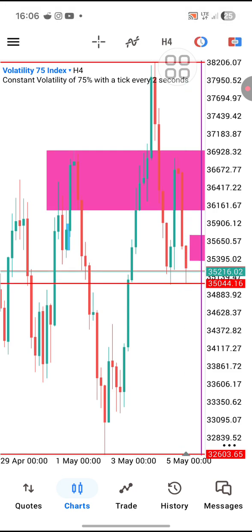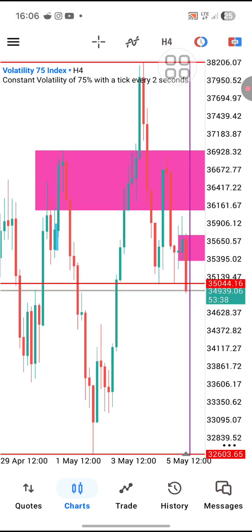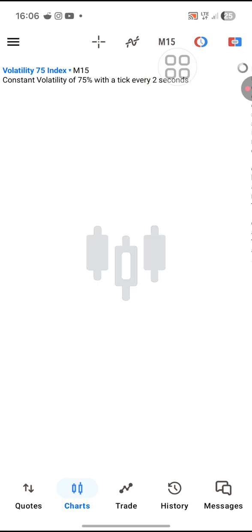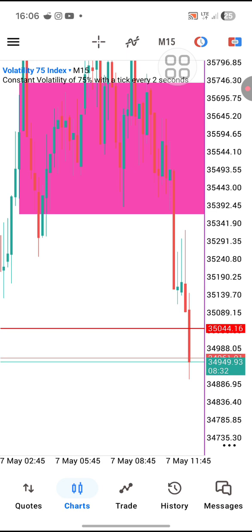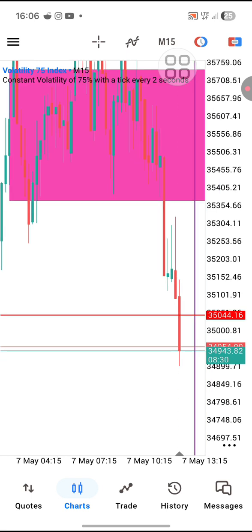So currently this is my chart. This is what I want to see. I'll be looking to sell this pair.